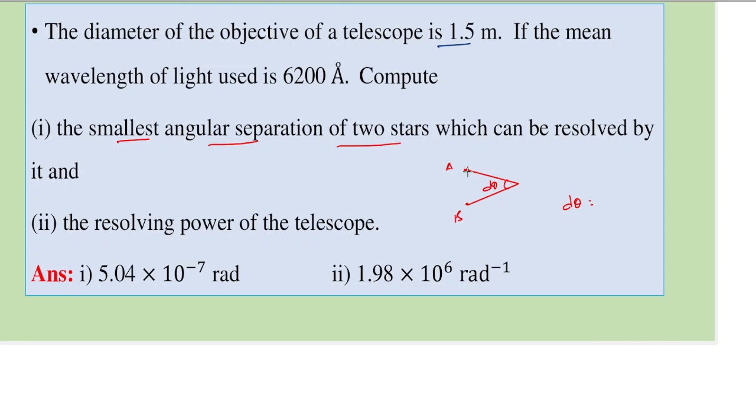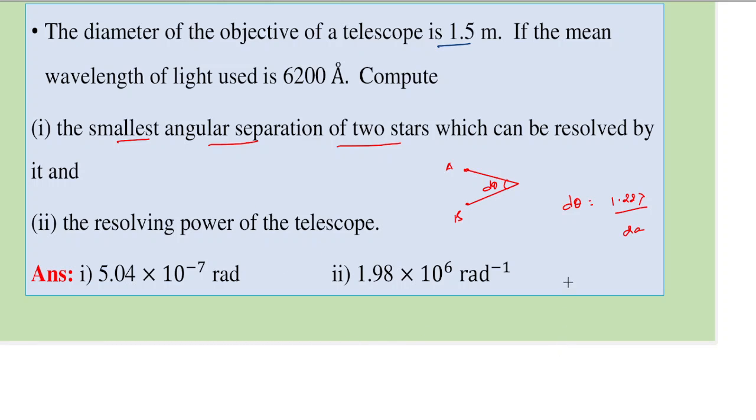Now for them to be seen separately, or just resolved, the angle d theta should be equal to 1.22 lambda by 2a. Keep in mind that 2a here is the diameter of the objective.